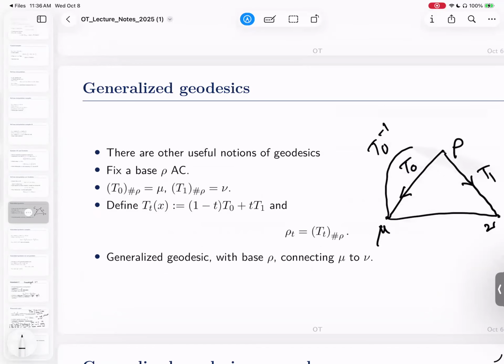Then I can go from mu to rho and then follow T1 to nu. So if I'm given T0 and T1, I can get a transport map from mu to nu, from the composition T0 inverse T1. This may not be optimal, but if this converges to 0, for example, for a sequence, then I also have convergence in the Wasserstein space.